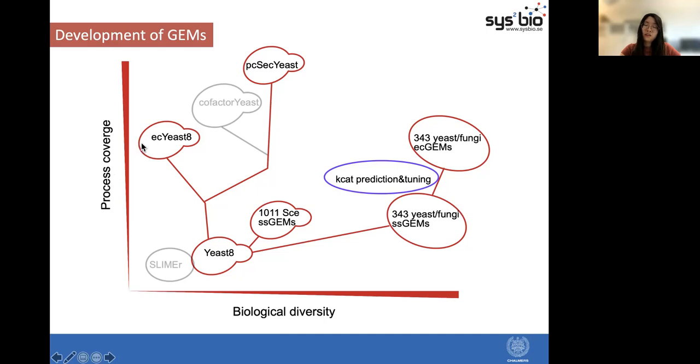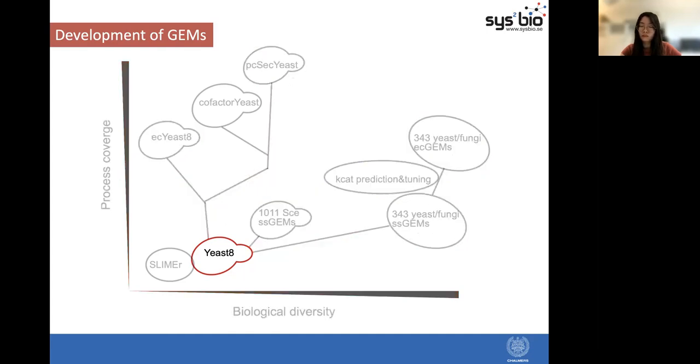So I include the enzymatic constraints for the model for baking yeast and also include the enzymatic constraints for the different yeast and fungi species models. After that, I will introduce to you the most complex model that I have constructed in my PhD study, PC-sec yeast, which contains a lot of processes that we will discuss later.